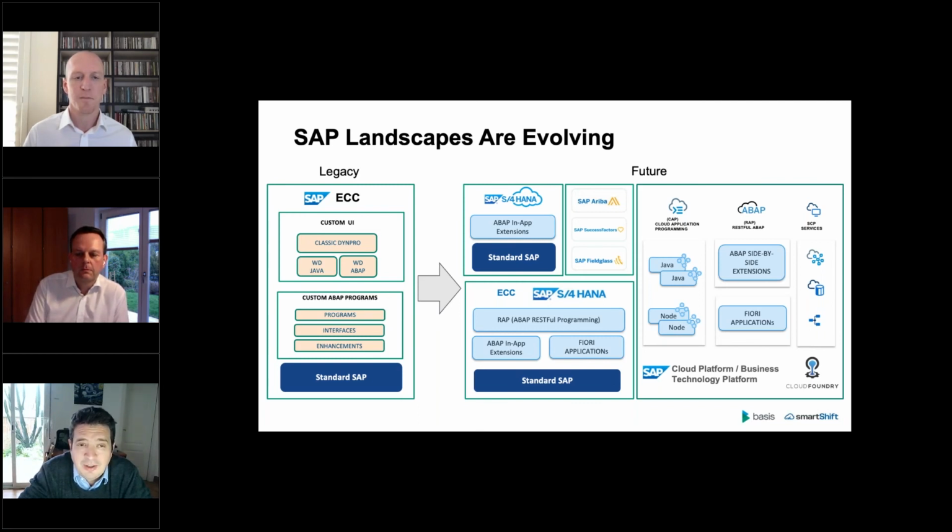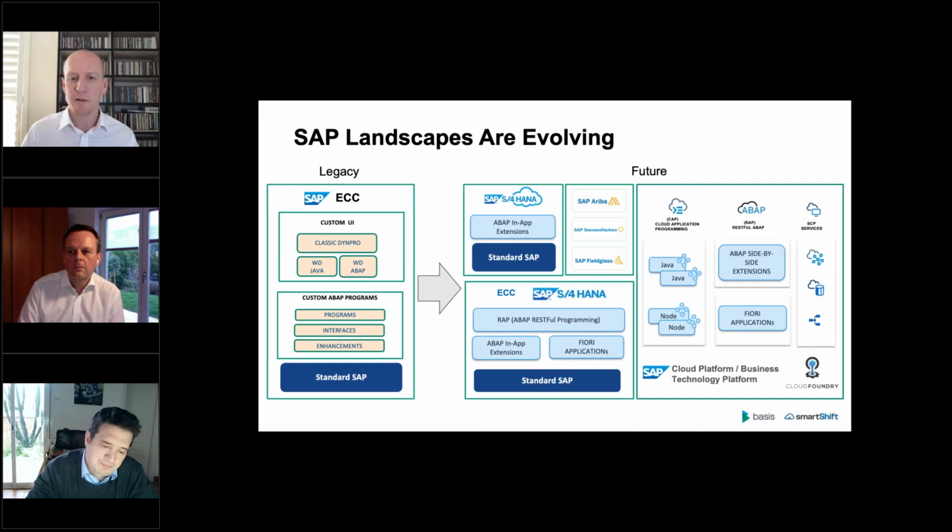But there is certainly a trend to explore either SAP's platform as a service, the BTP, or other ways in which they can take some of what's happening today in their in-app extensions and find potentially better ways of doing that, which, as I was saying before, continues to highlight the need for orchestration of change across multiple different technology stacks or types, and really ensuring that you have a global view of change happening within the enterprise.